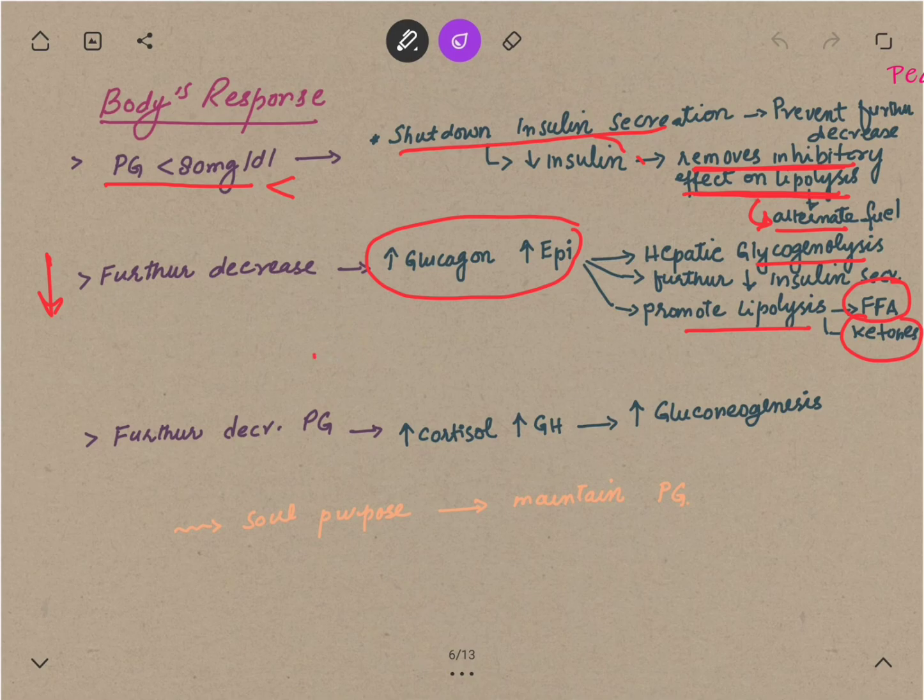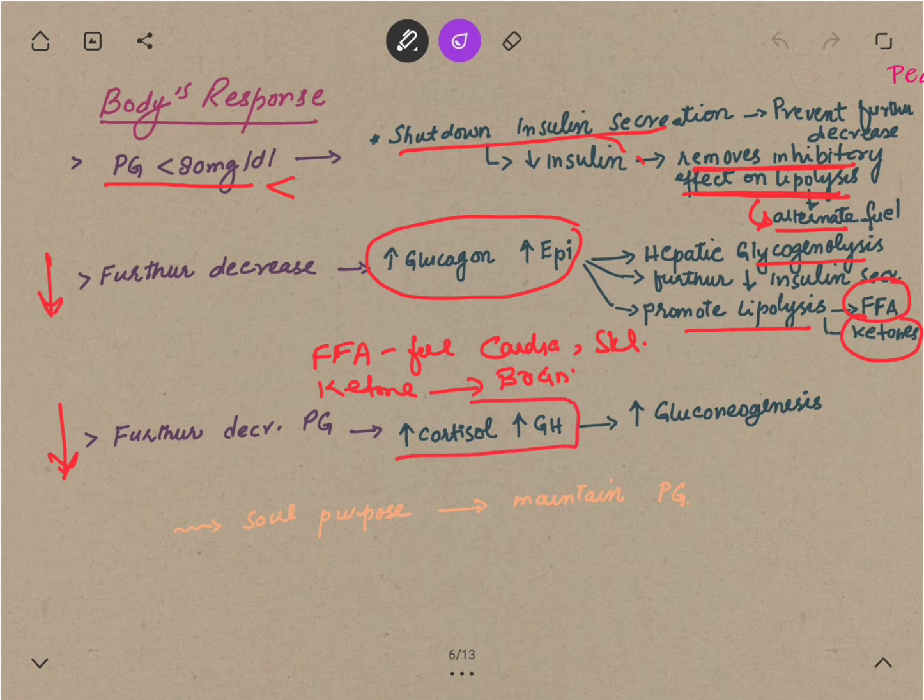We know that free fatty acids are fuel for cardiac and skeletal muscles, while ketones serve as an alternative fuel for the brain. When the glucose decreases further, another series of stress hormones, cortisol and growth hormone, are produced, and they help in building new glucose.